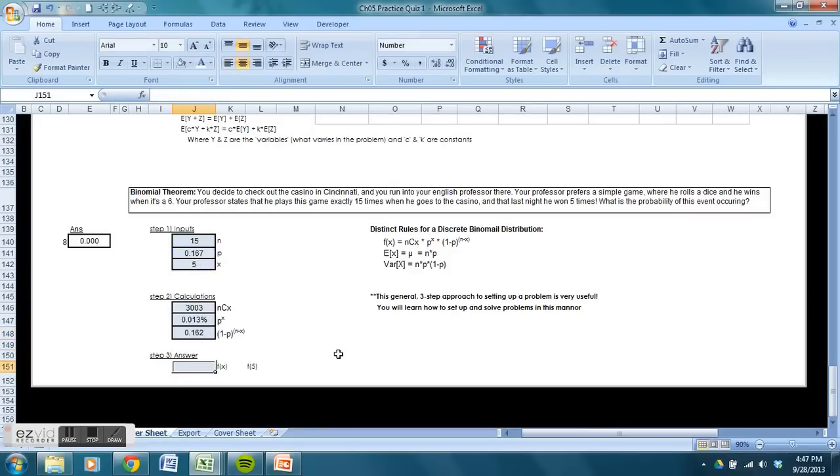And then we can solve for what f of x is, which is just each of these terms multiplied together.